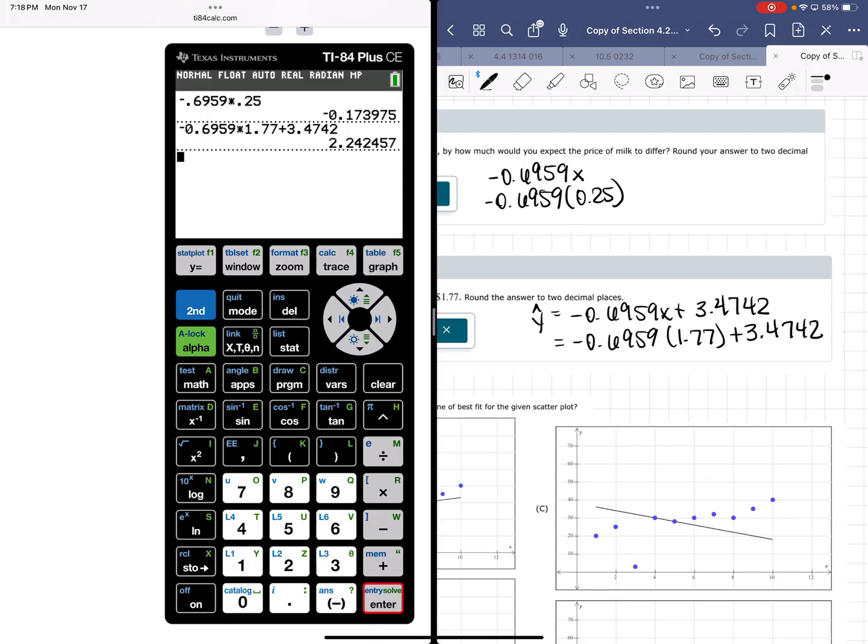Right? Yep. So we're predicting that the cost of milk is $2.24. The month that eggs is $1.77. Okay.